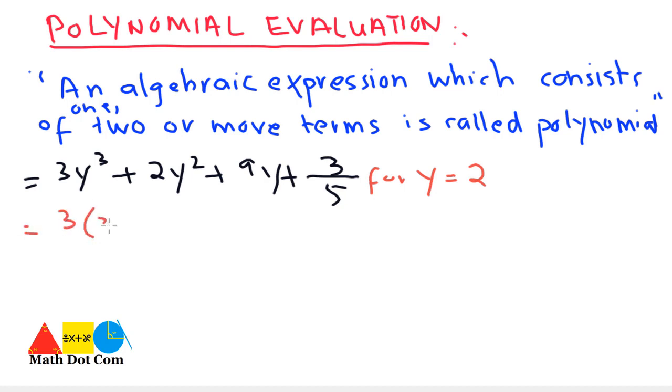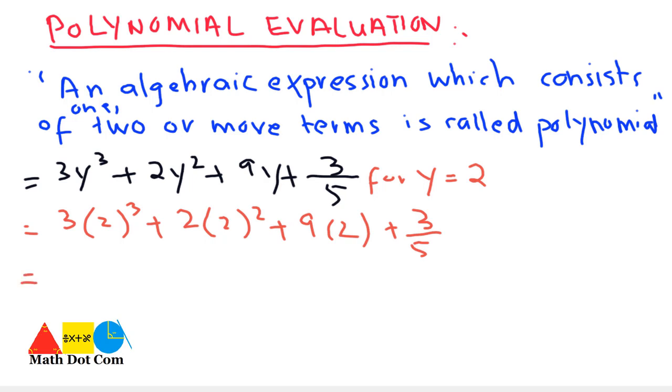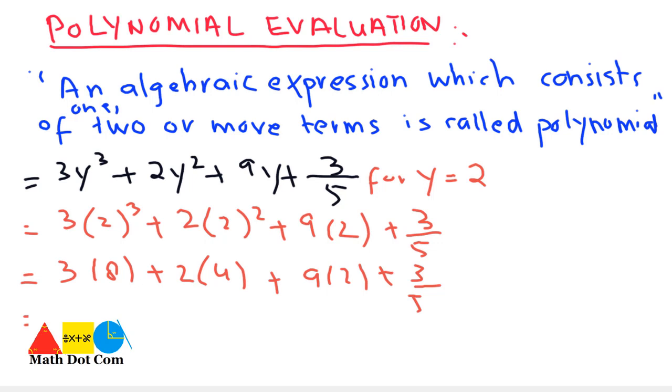Substitute the values. 3 into 2 raised to power cube plus 2 into 2 raised to power square plus 9 into 2 plus 3 by 5. We will evaluate the exponents first. 3 into 8 plus 2 into 4 plus 9 into 2 plus 3 by 5. Now multiply first, as per PEMDAS: 24 plus 8 plus 18 plus 3 by 5.